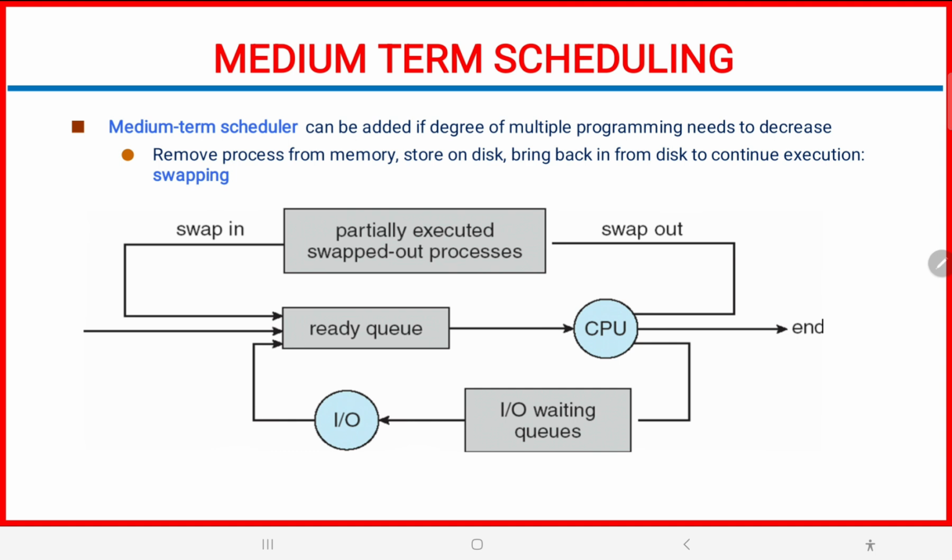Sometimes there is a scenario where the memory is overly occupied and the system performance is degrading, because each of the processes needs a certain amount of memory to do its job. So if the number of processes available in the memory is quite large, the processes won't be able to execute in a faster way.